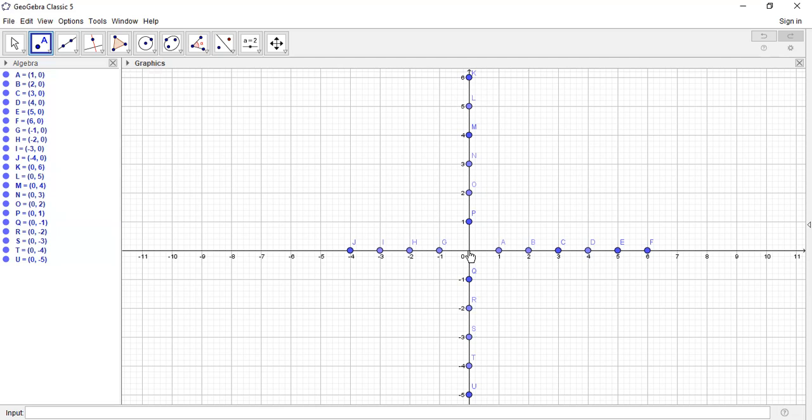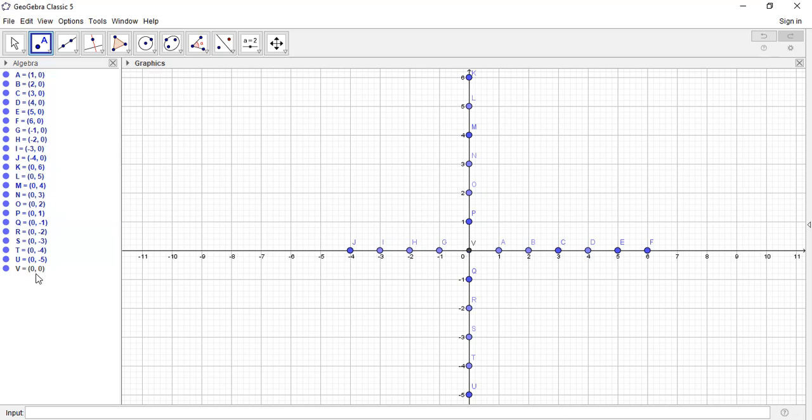And we know that this origin, point B, its coordinate will be 0, 0. It is neither up nor down, neither right side nor left side. That's why it is 0, 0. Its x coordinate and y coordinate both will be 0.